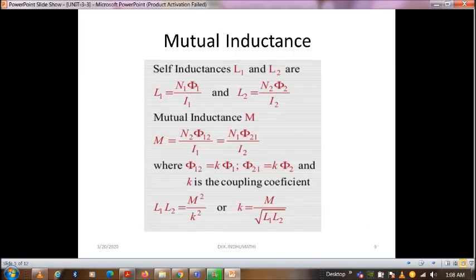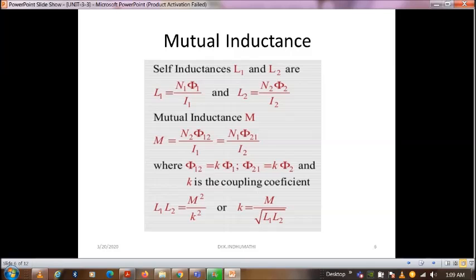Equating these two, if we consider individual self-inductance within the individual coils, L1 is N1 phi1 by I1 and L2 is N2 phi2 by I2. If we consider both coils having mutual inductance, then M is equal to N2 phi12 by I1, which is equal to N1 phi21 by I2.